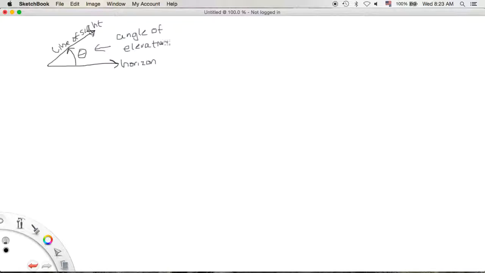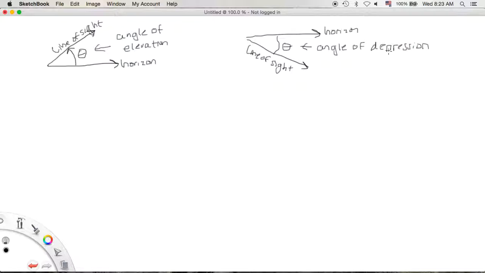So if a problem says your angle of elevation is 30 degrees, that means that you're looking up 30 degrees above the horizon. Now, if you have an angle like this, and this is the horizon, and this is your line of sight, and you're looking below the horizon, then that's called an angle of depression. You'll just need those terms so that you can understand what they're asking you.